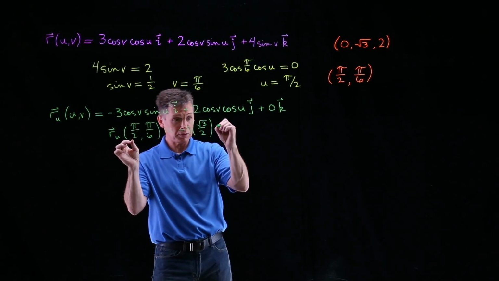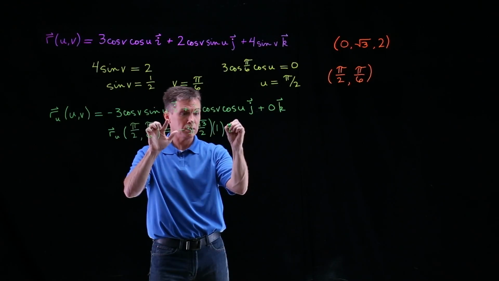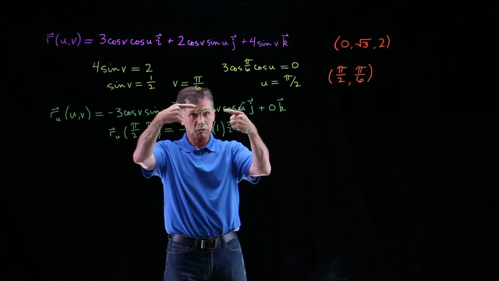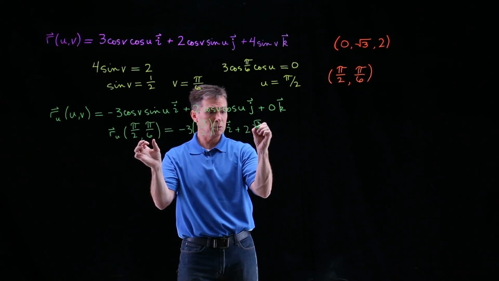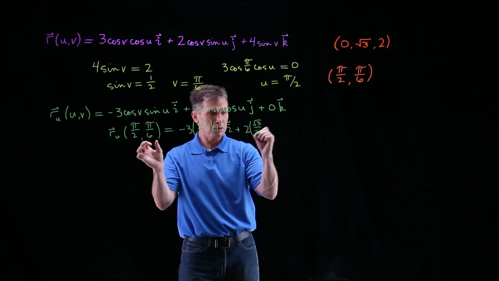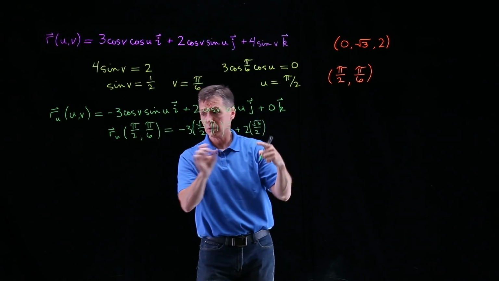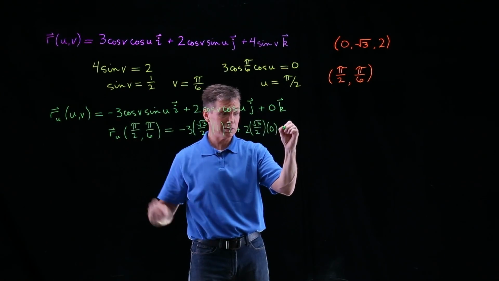Sine of pi over 2 is 1, and that's times the i vector, plus 2 times cosine of v again, that's square root of 3 over 2 again. This time, though, my cosine of u, cosine of pi over 2, blanks out to 0, so that's nice.